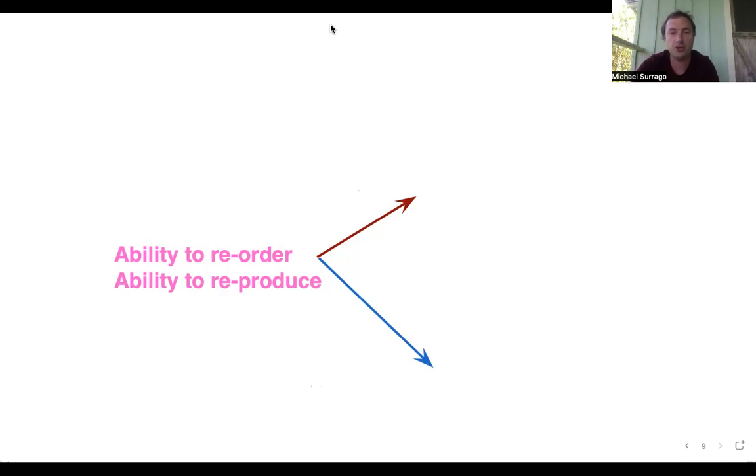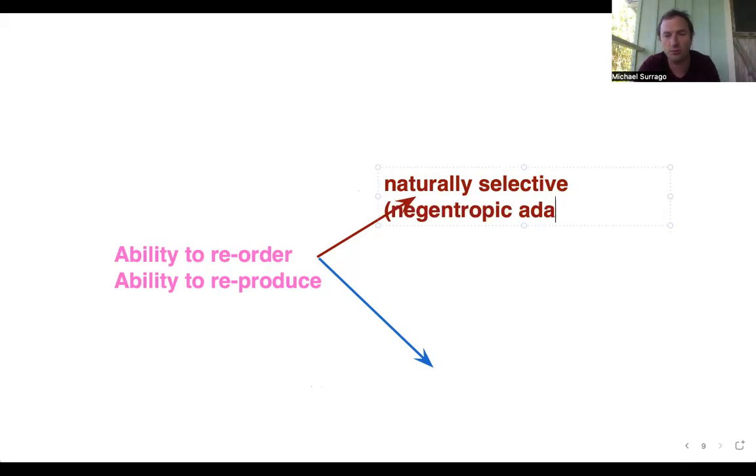So this direction, I'm going to basically call naturally selective. This is a naturally selective or negentropic, adaptable to weather change. Actually, negentropic accumulation.